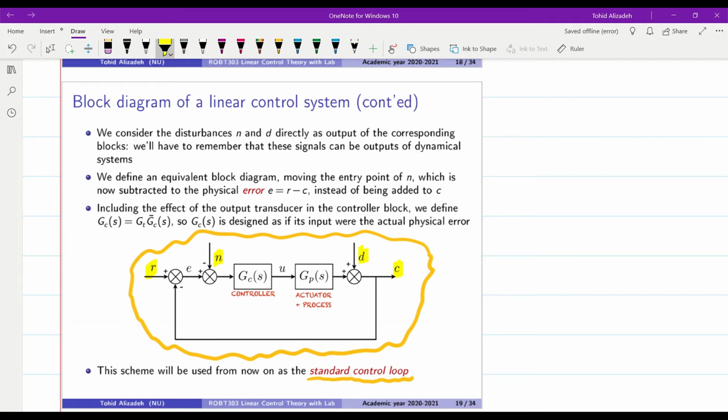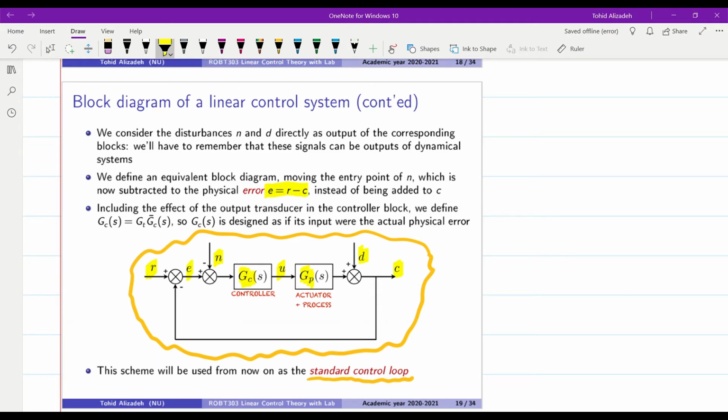The controller is in the form of GC of S, and the actuator plus process is given as GP of S. U is the control input to the actuator and process, and E is the error signal. And you can see that E is obtained as R minus C. So R minus C gives us the error signal.